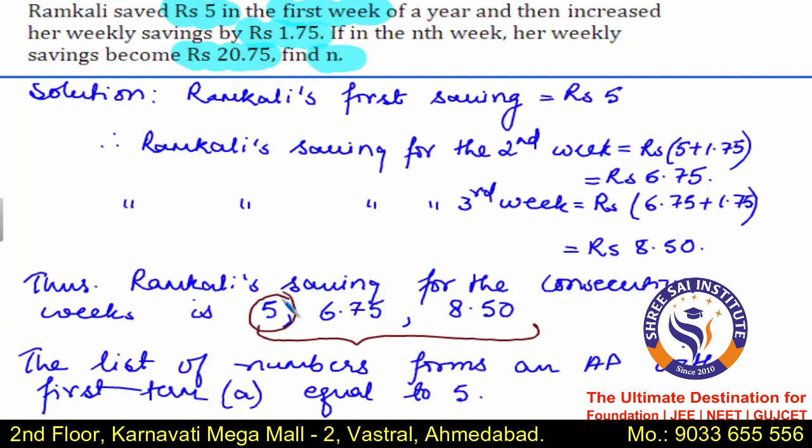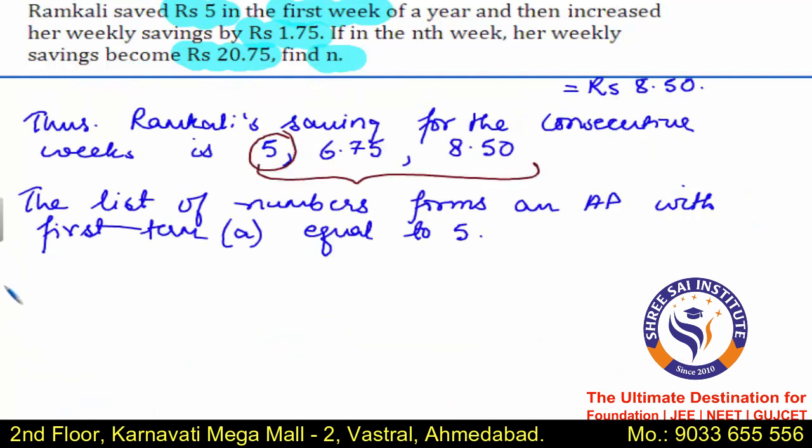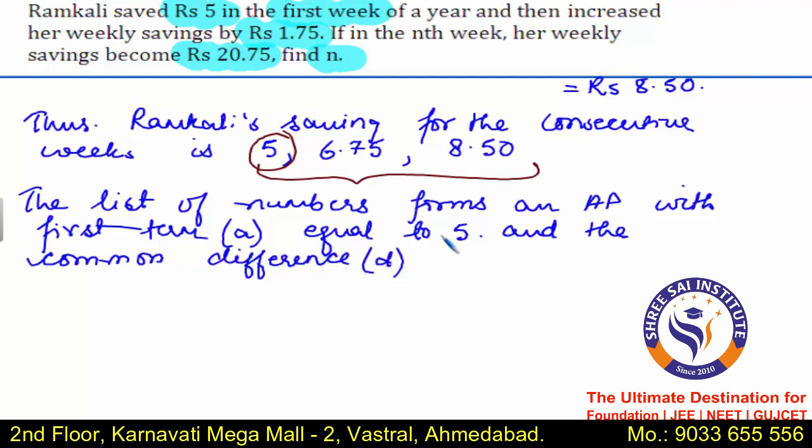This is the first term, and the common difference, denoting it by small d, equals 1.75, since the difference in the consecutive week saving is 1.75.